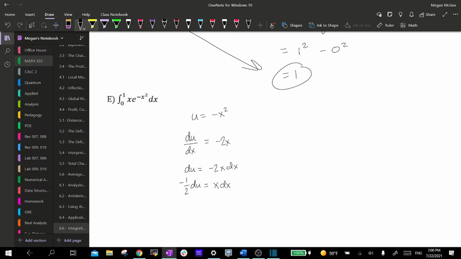So now we need to substitute negative 1/2 du for our x dx. We need to include this negative 1/2 in there. And then our u is our negative x squared. So what we're going to end up with is the integral from 0 to 1 of negative 1/2 e to the u du.